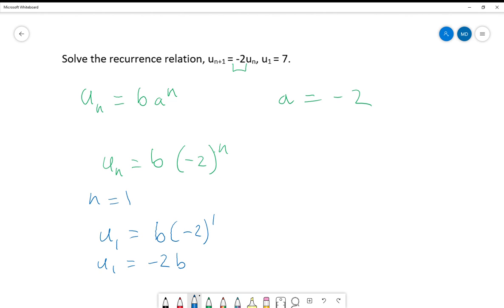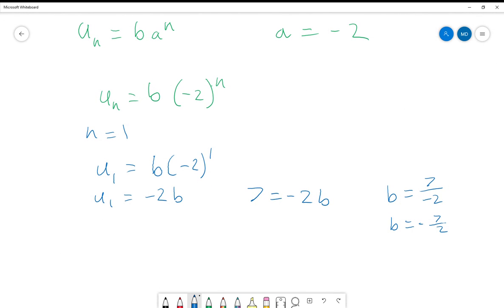And we know that u_1 is 7. So we get 7 is equal to negative 2b. And that tells us that b must be equal to 7 over negative 2, or, slightly simpler, b equals negative 7/2.